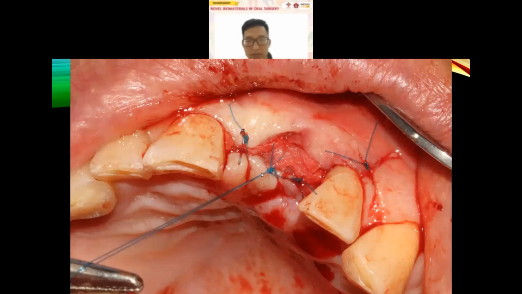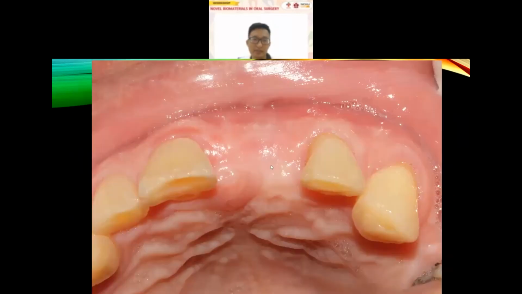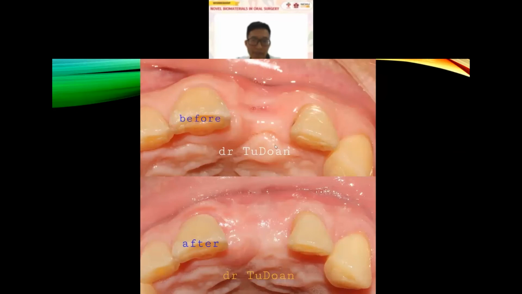I finished the grafting, and the connective tissue was exposed, and this is the result after 2 months. I can get horizontal dimension because I made the bone grafting, and I have more keratinized tissue because I used the soft tissue grafting, before and after.